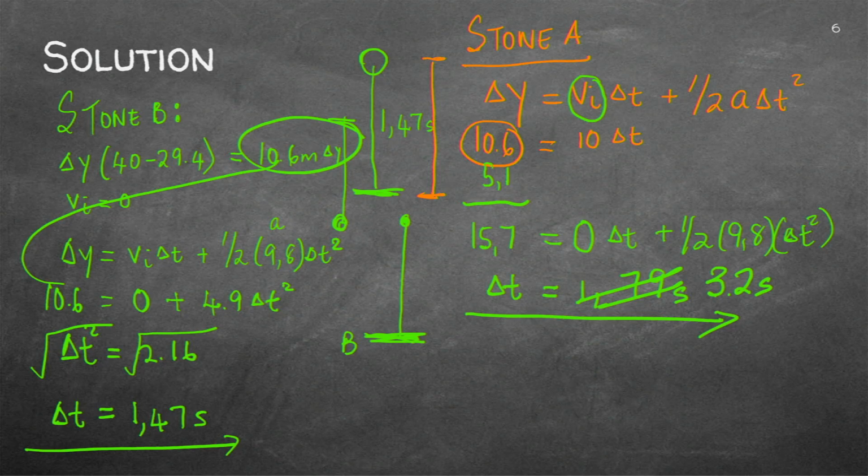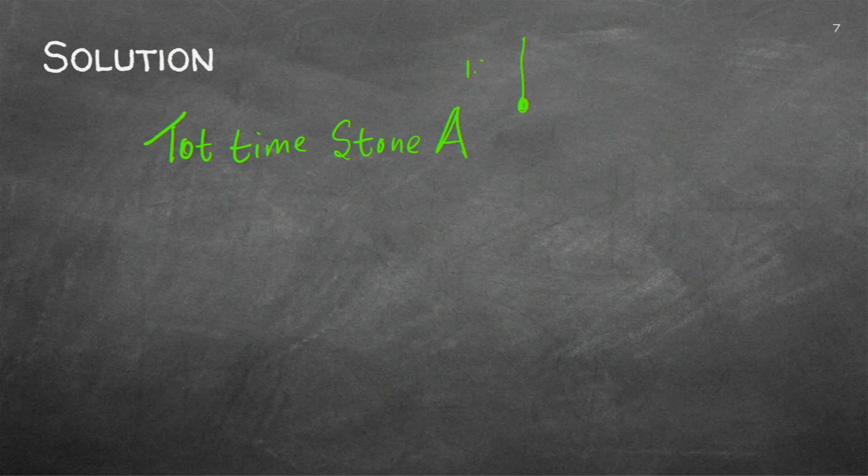So let's go to another slide. Let's say I've got the total time for stone A. It went up 1.02 seconds. It came down 1.79 seconds. It is a total time of 2.81 seconds.